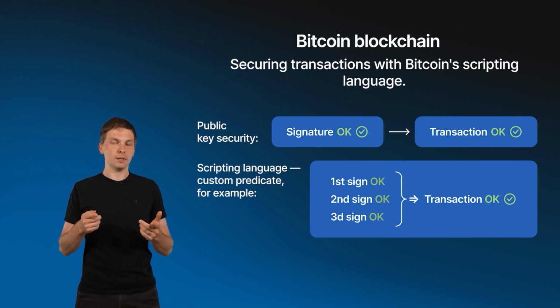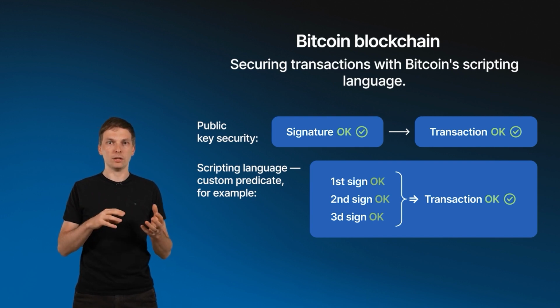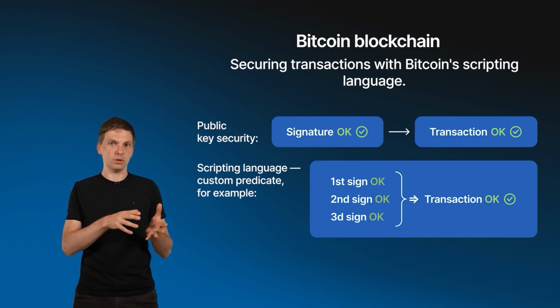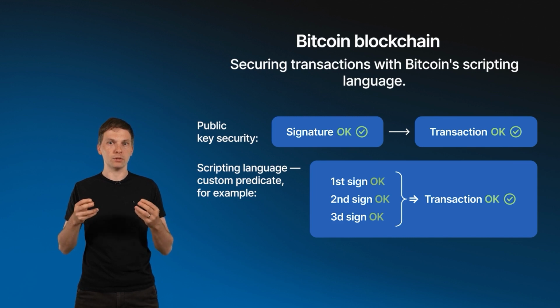But you could customize this program by saying, I want not 1 signature, but 2, or I want 2 signatures out of 3 public keys, or I want a time lock check, or maybe some conditions, like one branch of a contract or another. This way you can make small smart contracts as predicates on those accounts.